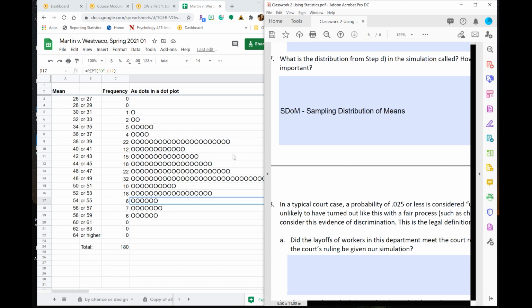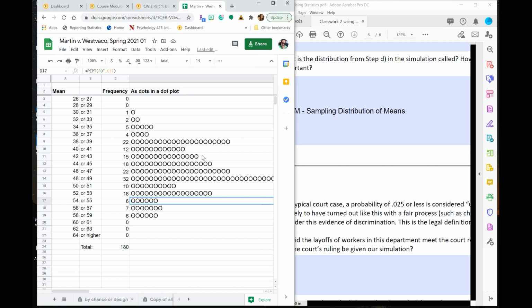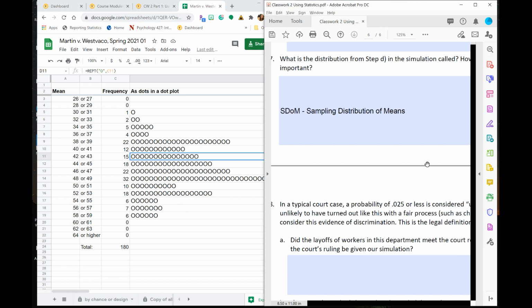Then, for each hypothetical sample, we calculated the mean of those 3 values in the sample. So we have all those means, and once we have those means, this graph gets updated to display each of those sample means. So this is a distribution of those sample means that we had. Or to say it another way, this is a sampling distribution, lots of samples, showing us the means for those samples. So sampling distribution of means.